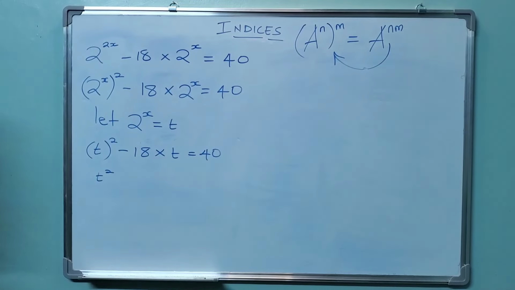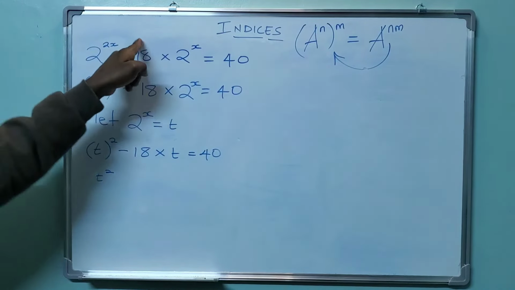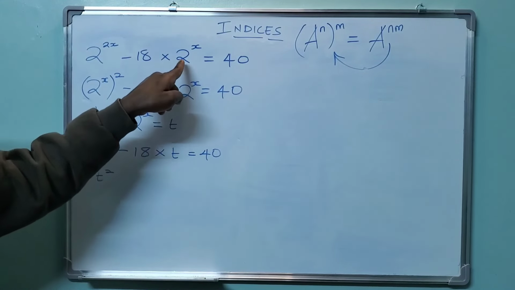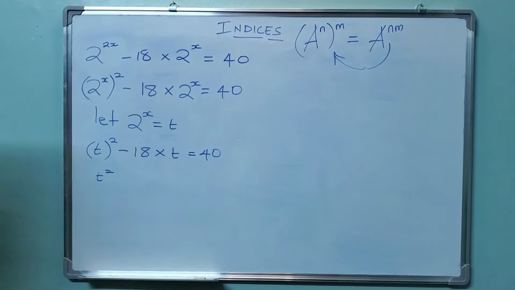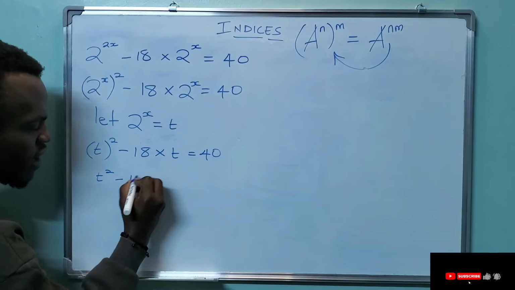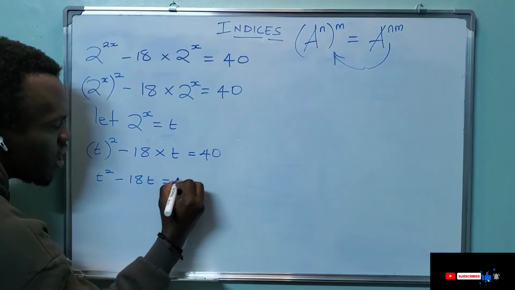Here, first of all, 18 multiplied by t. And that is the reason why I said you cannot take it to the other side, because of this multiplication. This multiplication is going to allow you to combine this and this. So I'm going to have 18 multiplied by t as minus 18t being equals to 40.